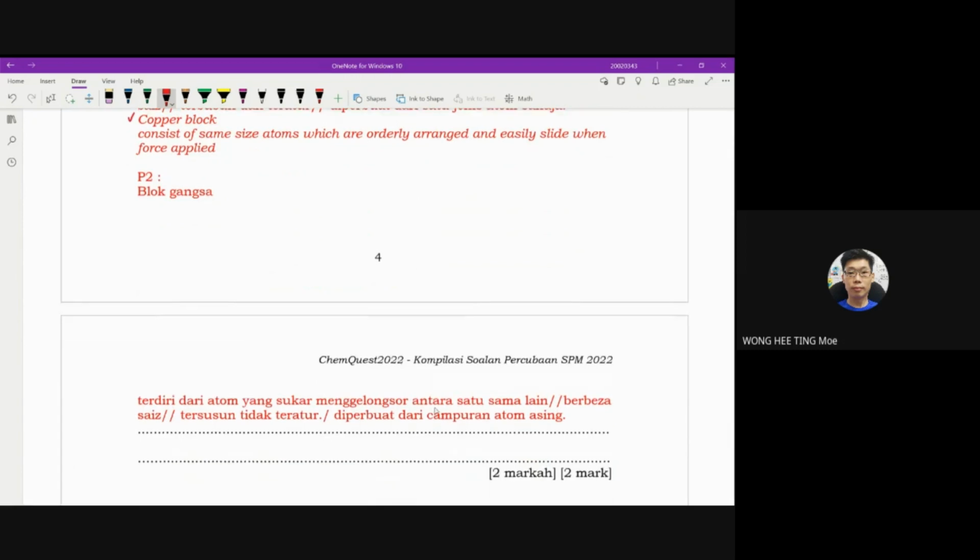Okay, this one not English version. It consists of atoms of different sizes, which disrupt the orderly arrangement of atoms, right?